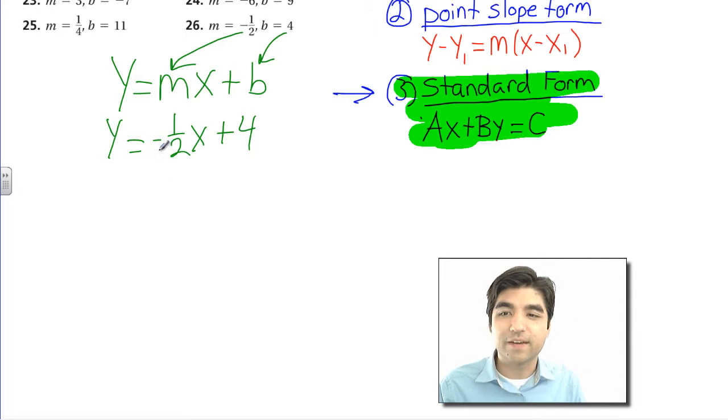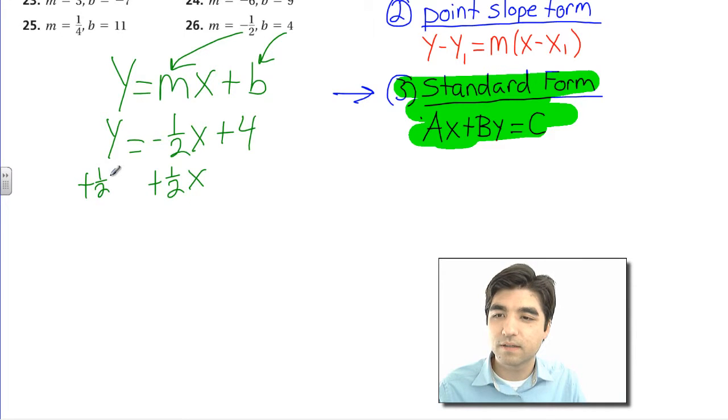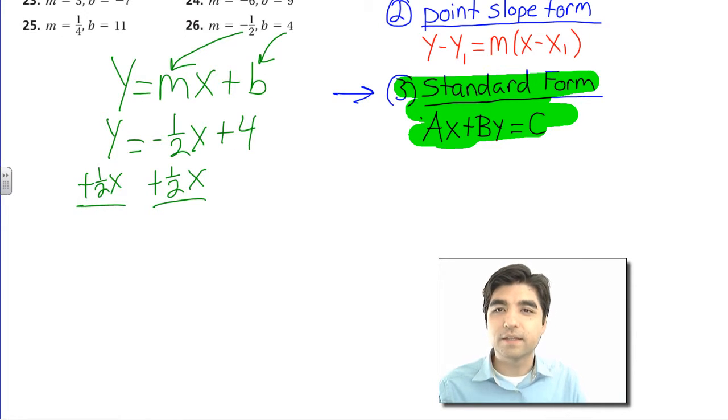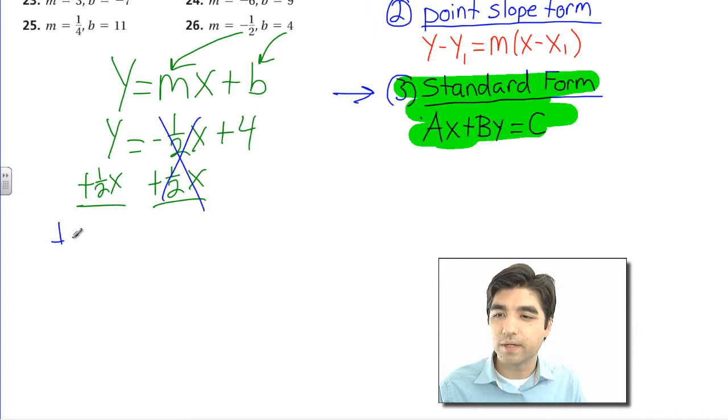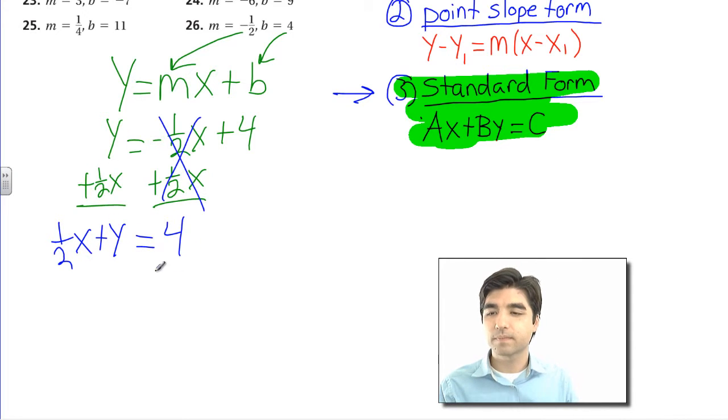Okay, then we have negative 1/2, so we need to add 1/2 x to both sides. And cross that out. And then we have 1/2 x plus y equals 4.